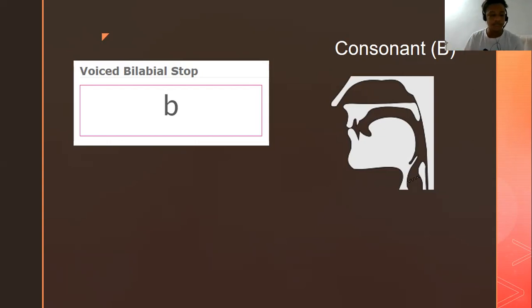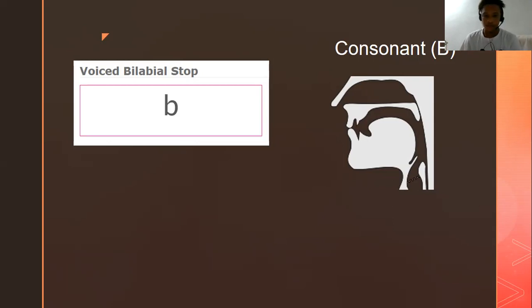It is an oral consonant, which means the air escapes only through your mouth. You don't have to use your nose or your tongue, just your mouth. You have to use your pulmonary system to produce this consonant sound.